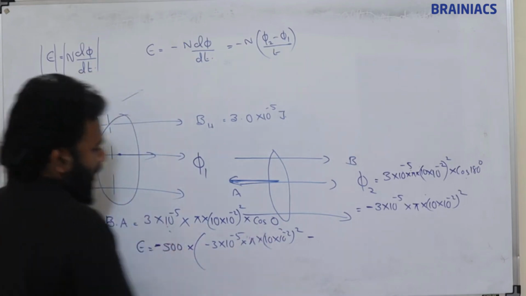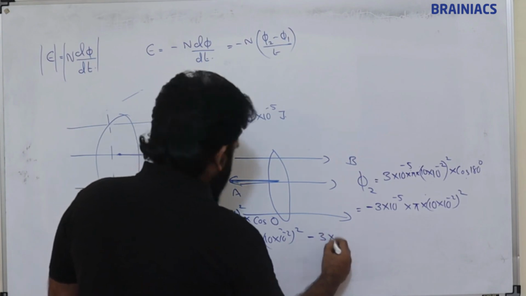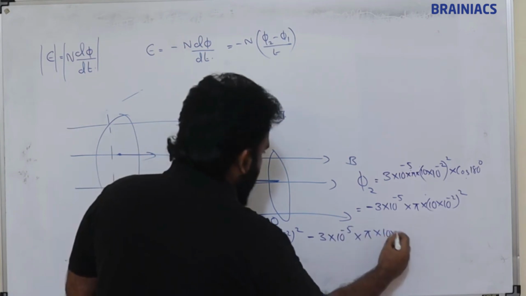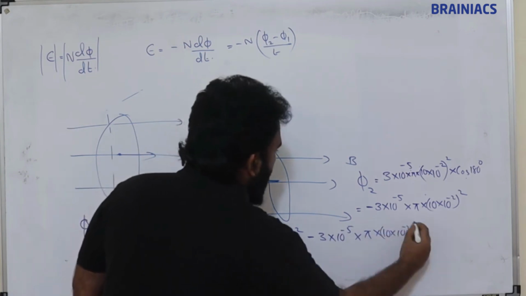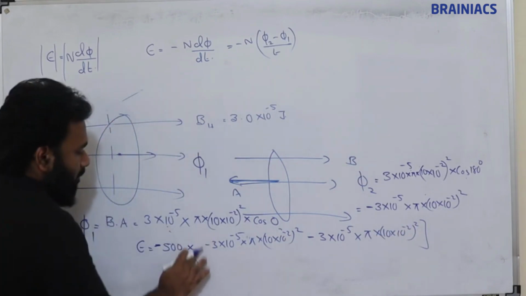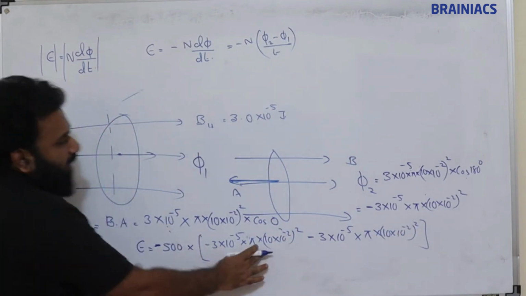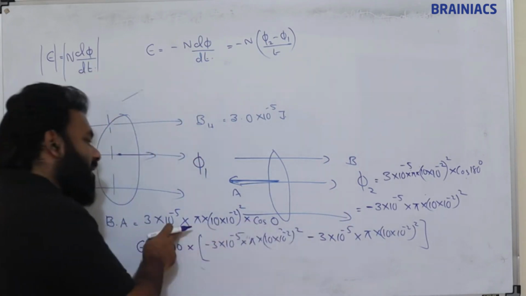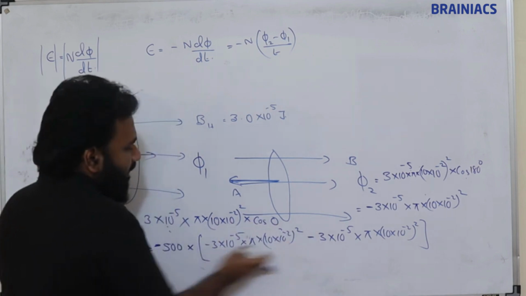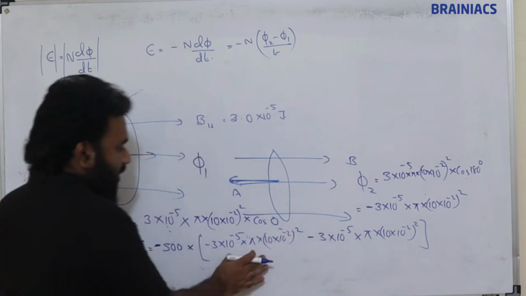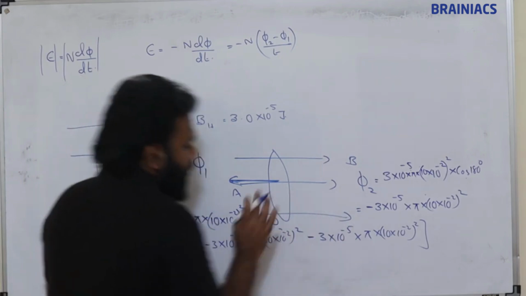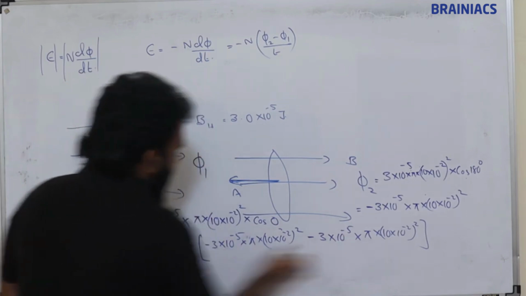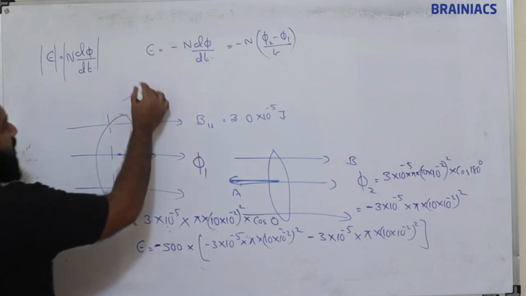Phi1 is 3 into 10 raised to minus 5 into pi into 10 into 10 raised to minus 2 the whole square. Phi2 contains a negative sign, phi1 doesn't, so minus phi1 is coming here. We will have to add both because their signs are the same. So we will solve like that.